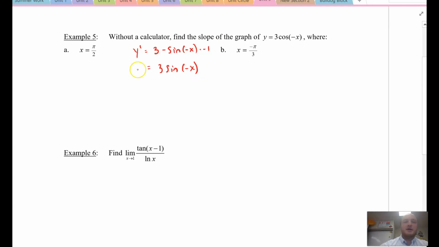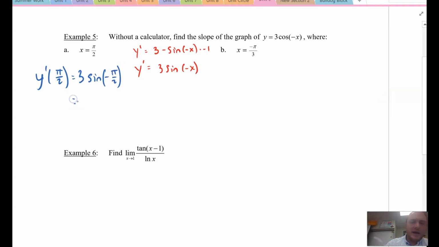Okay, so there is y prime, and now all I have to do is evaluate at pi over 2, right? So y prime at pi over 2 is equal to 3 sine of negative pi halves.